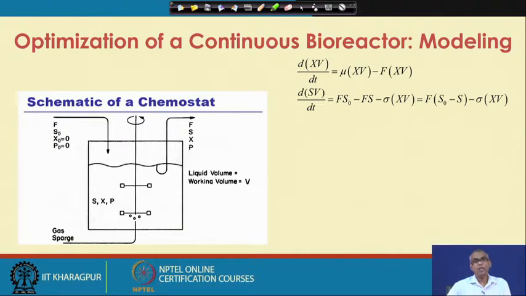We are not considering any product formation. So, we have to write down thus two mass balance equations. One is for growth of the microorganisms, another is for the consumption of the substrate.